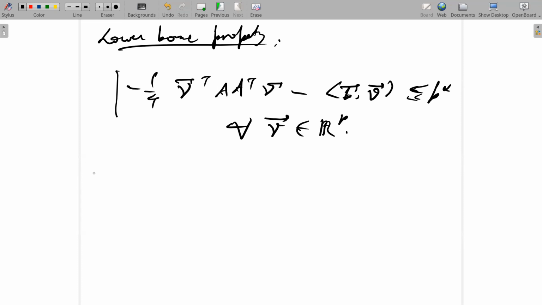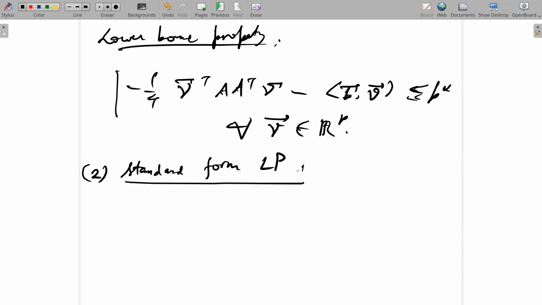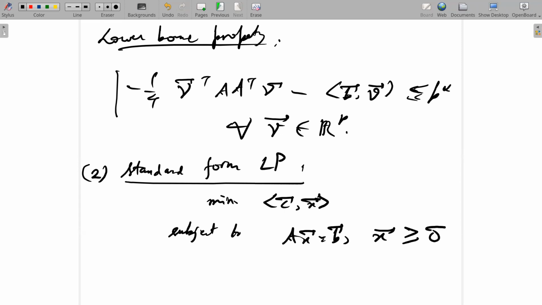All right. So now the second question maybe will feel more soothing because it takes us back to familiar territory, standard form linear programming. So what is the standard form? It says minimize C dot x subject to Ax equals b and x is bigger than or equal to 0.